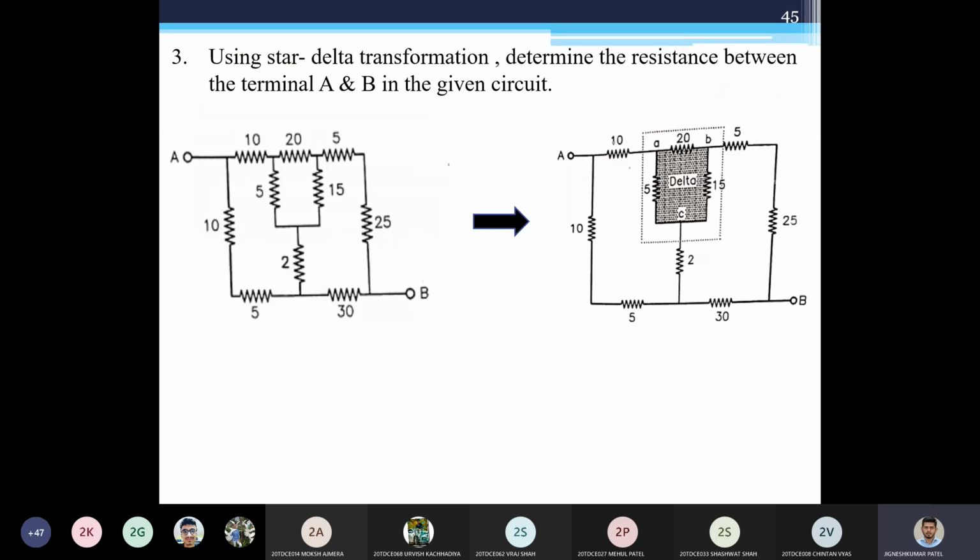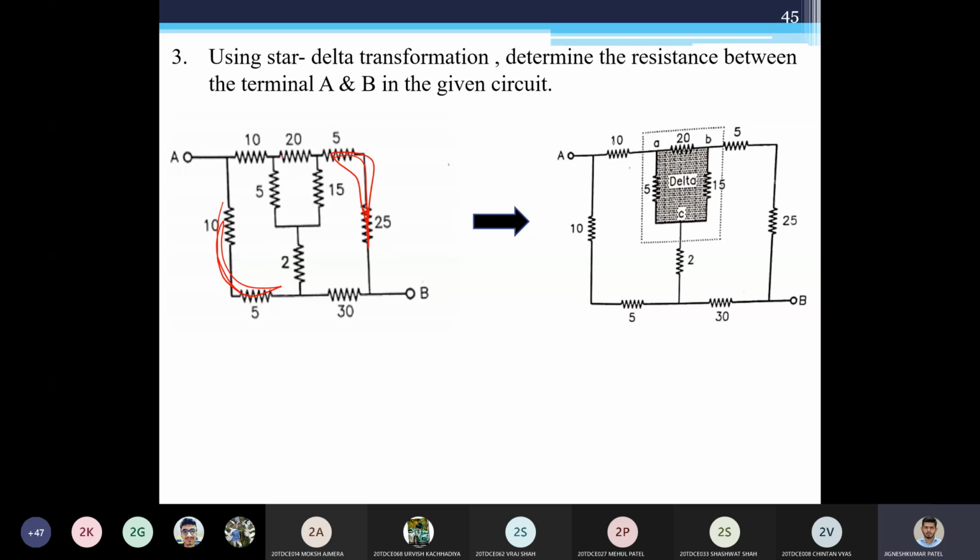Now this one is clearly mentioning star delta, but first you have to identify where your star or delta is. To identify a star or delta, you first have to look into the circuit for which part is not in series parallel. Like you can see this is in series, and this part is in series.